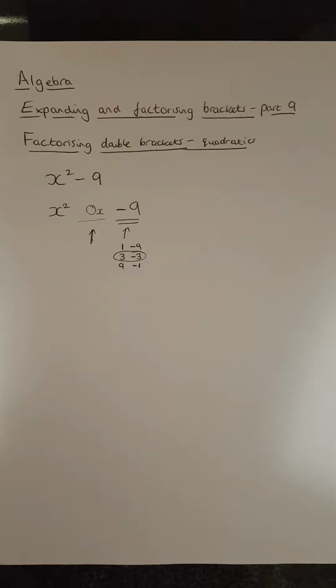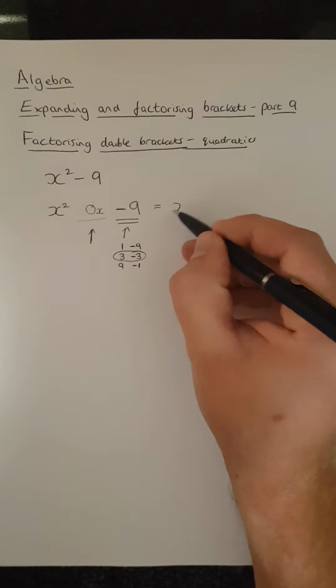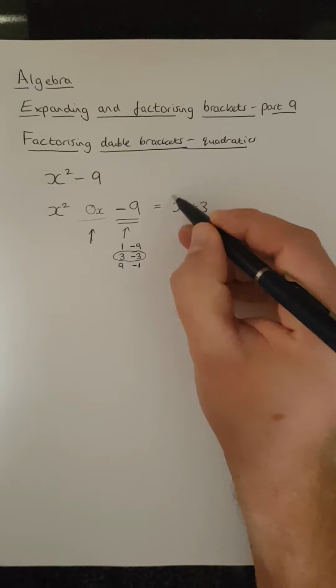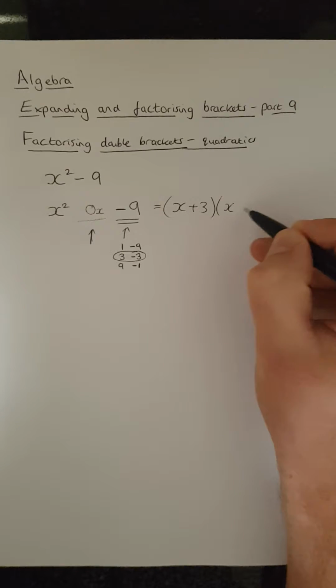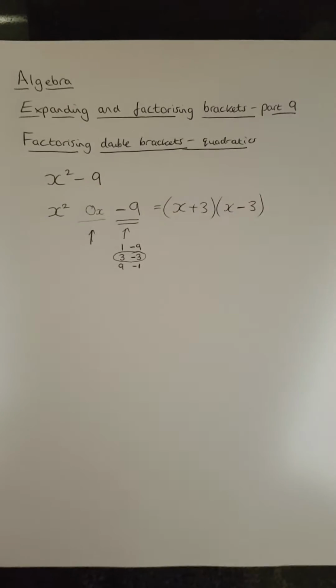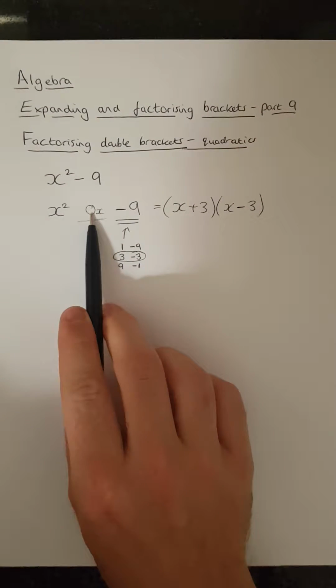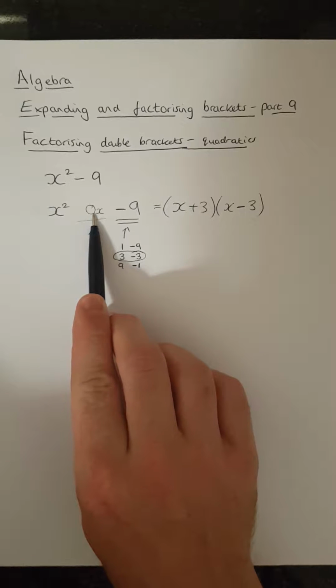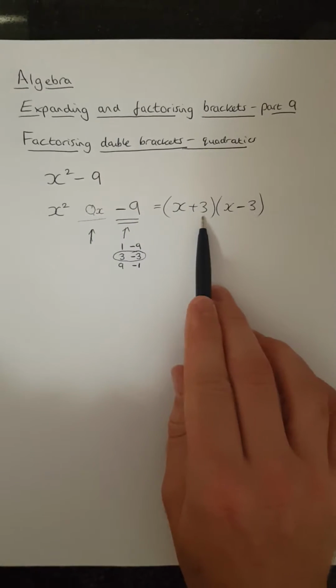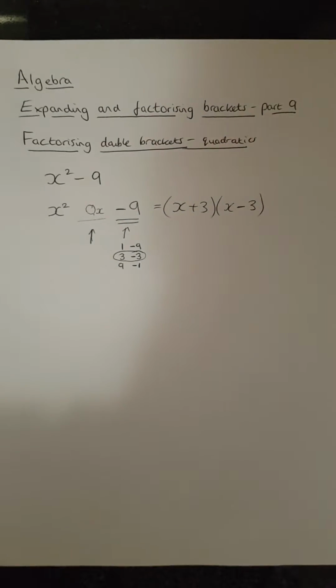There's a pair that makes 0. So we get x plus 3 and x minus 3. We had no x term. We had 9, and we've got plus 3 and minus 3.